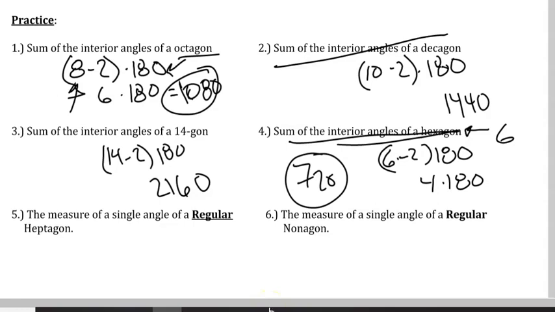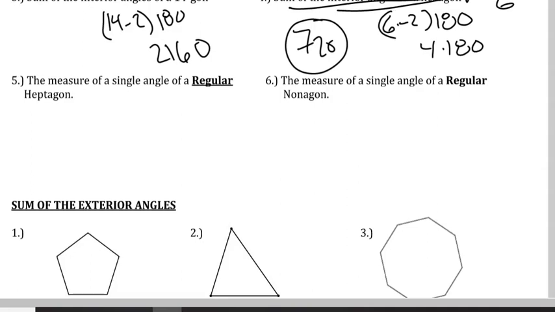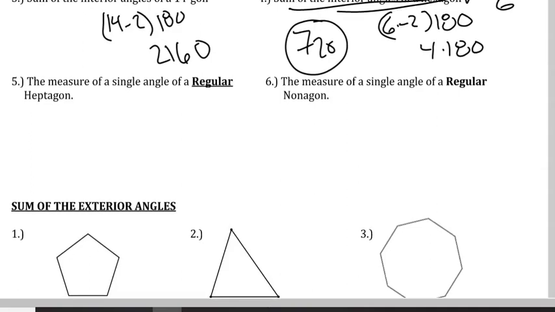Okay, now this is where it gets slightly more confusing. This is saying, what is a single angle? So now we don't want to know all of the angles. I just want to know what is one of the angles of a regular heptagon. Okay, let's do a different one, an octagon, so that the number comes out nicely.